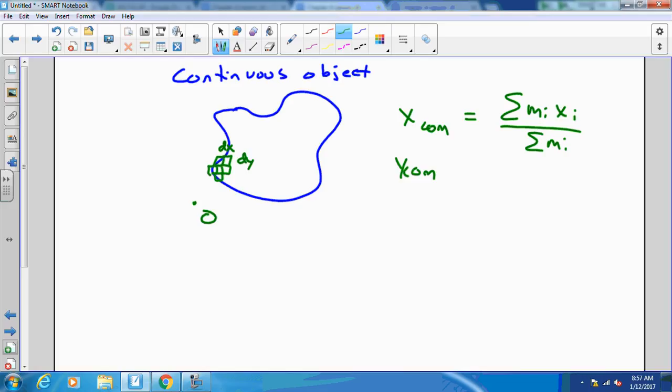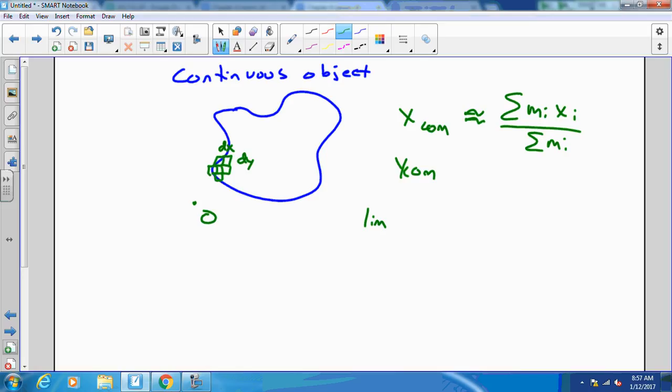And now, if I let the size of dx and the size of dy go to 0, then what I get is an integral from my sum. So this is an approximation idea.